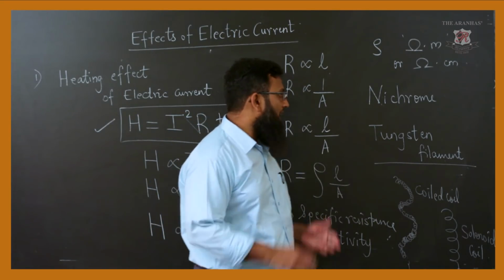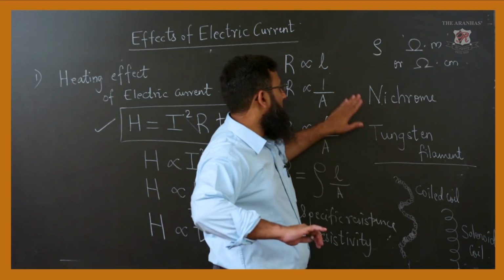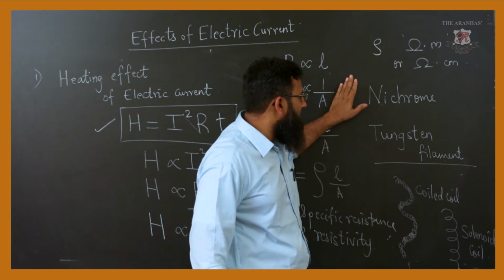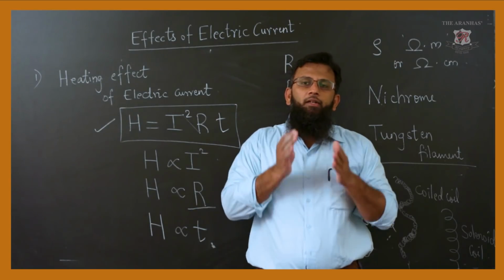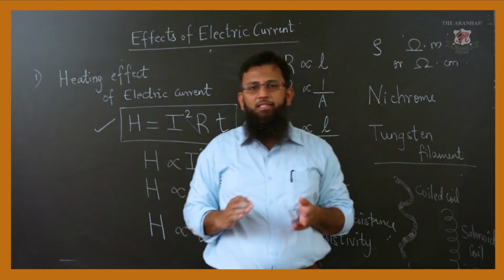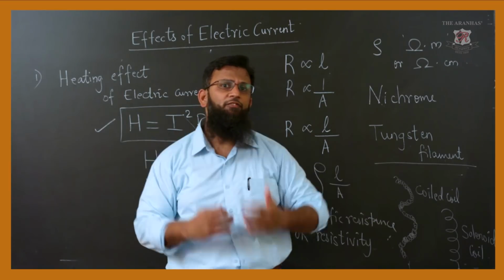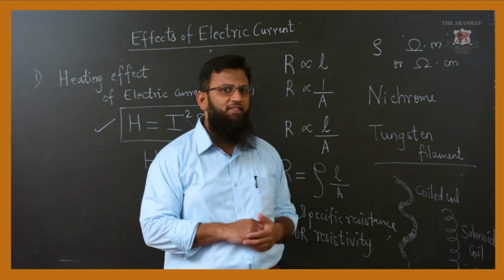So, now my last point of discussion over here is why such kind of things are selected, nichrome, tungsten, because nichrome and tungsten are those materials which have very high resistivity or high specific resistance.